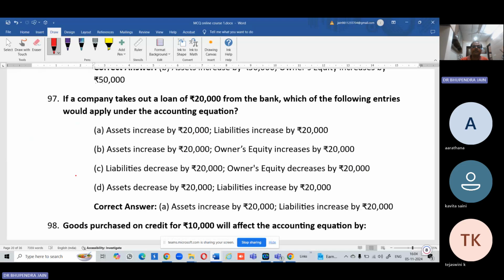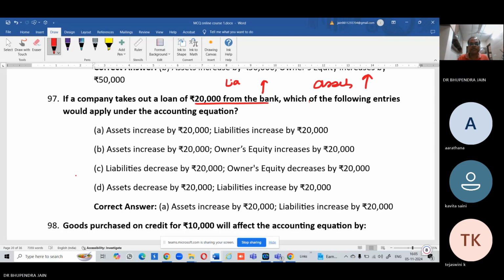If the company takes a loan of rupees 20,000 from the bank, liability increases. Which of the following entries? So whenever you take the loan, your bank balance has increased. So assets increase as well as liability increase.